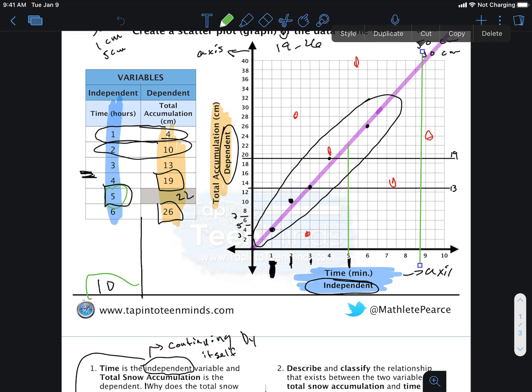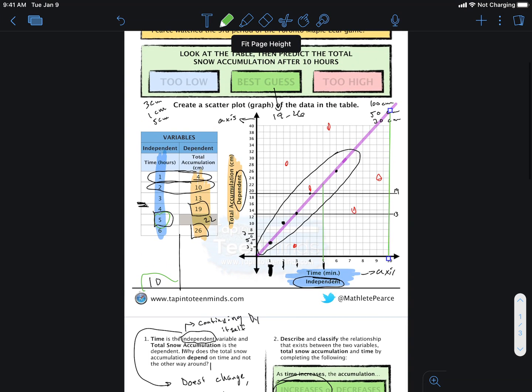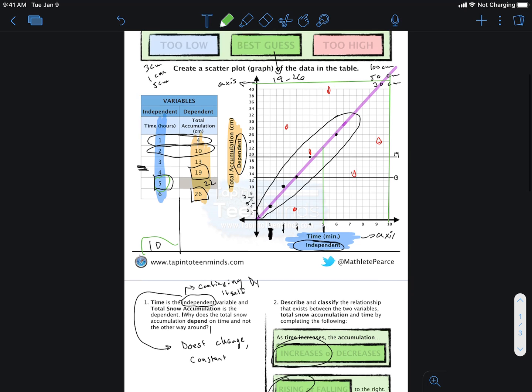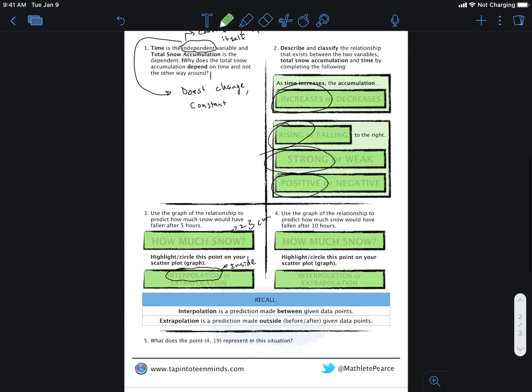If I draw another line over here, this is approximately 50, I would say. Could even be 55, Kendra, purely based on the line that I drew. So let's go ahead and say 55 centimeters. Interpolation or extrapolation? Extrapolation. Okay.